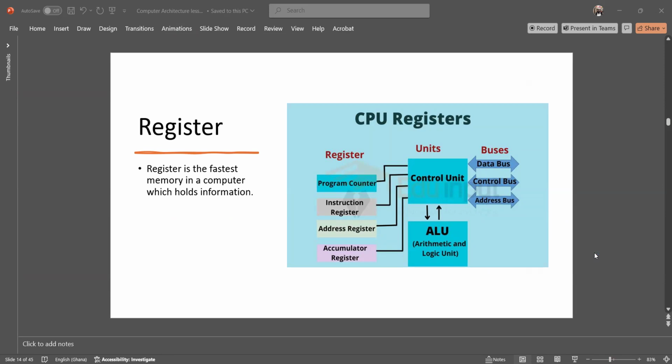So there is not just one register. There is the control counter, which is a register. There is the instruction register. There is the address register. There is the accumulator register. And all of these things have duties in which they play. But more importantly, look at our diagram. They are all connected to the control unit. The control unit also is connected to the ALU unit.